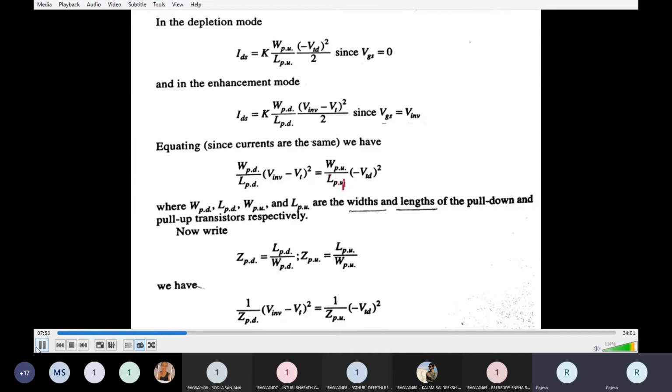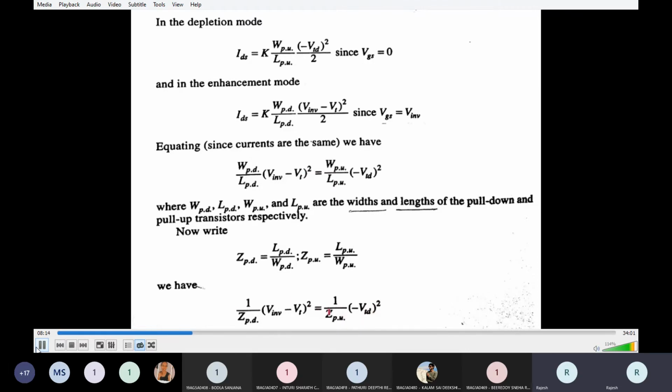If you write down those two, you will get this type of expression: 1 by Z pull down into (V invert minus VT) whole square is equal to 1 by Z pull up into (minus VTD) whole square. So what we require is Z pull up divided by Z pull down.